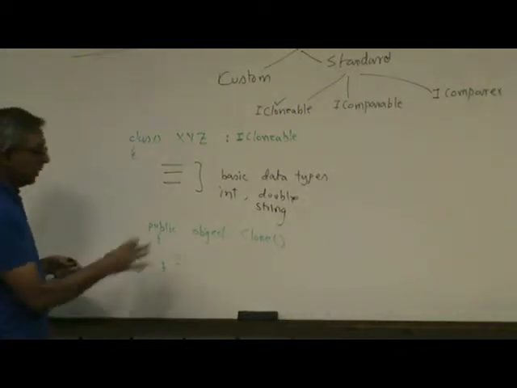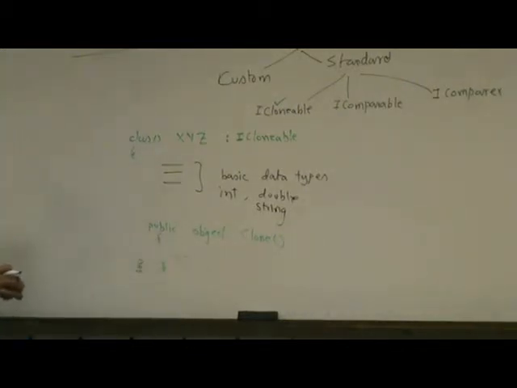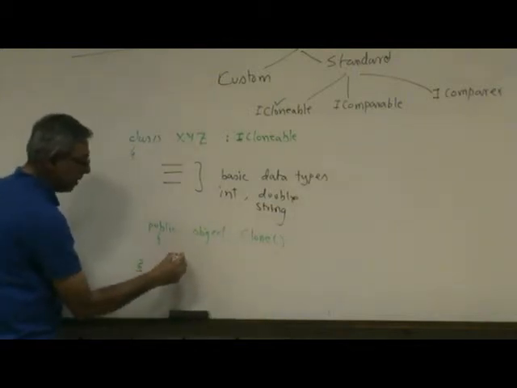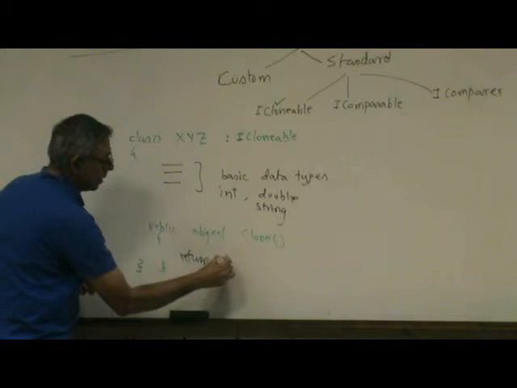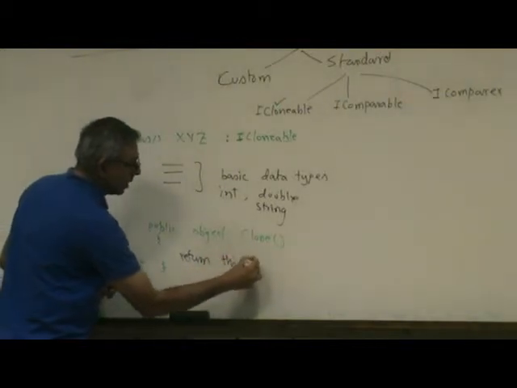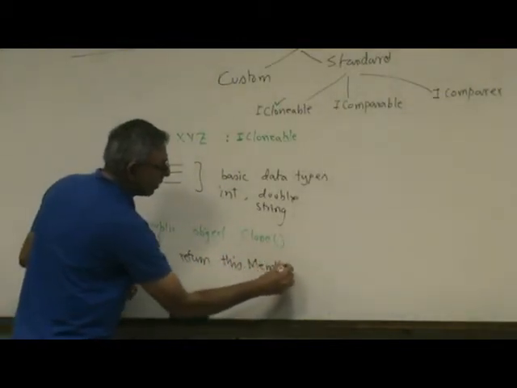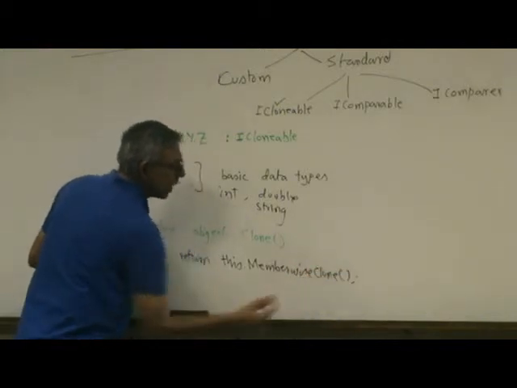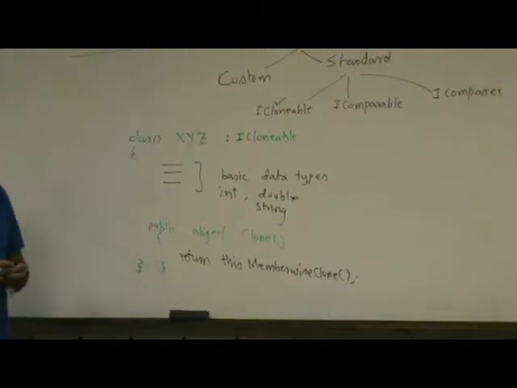So in that case, what kind of code do you write in the clone? You simply write one line of code, and what's that? Return this.MemberwiseClone. So we discussed that MemberwiseClone only does shallow copying, right? So it basically assigns one field to another.